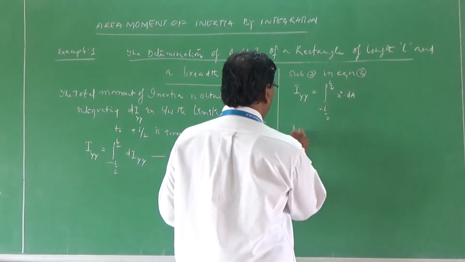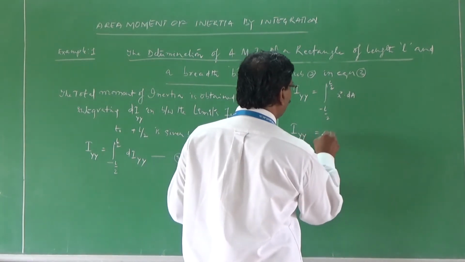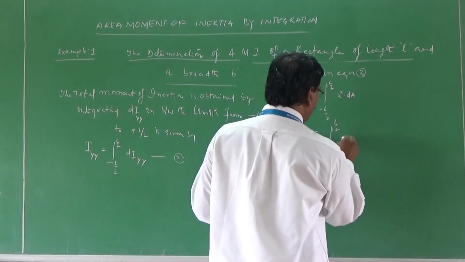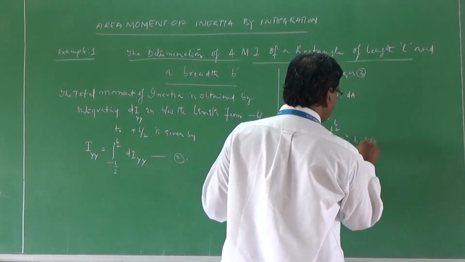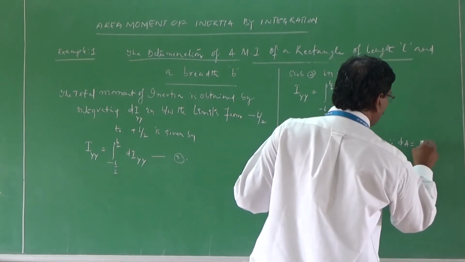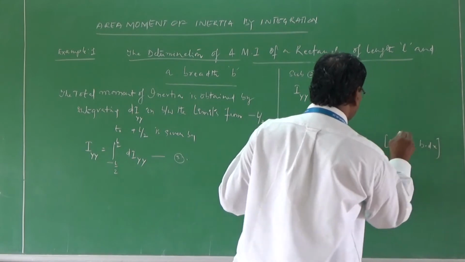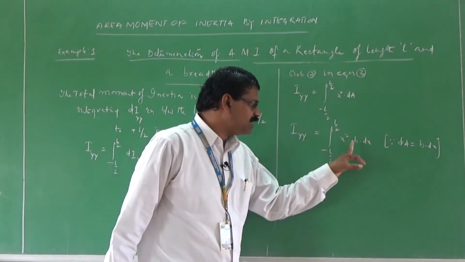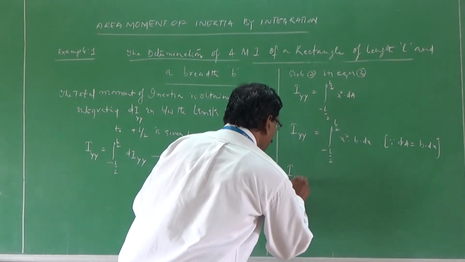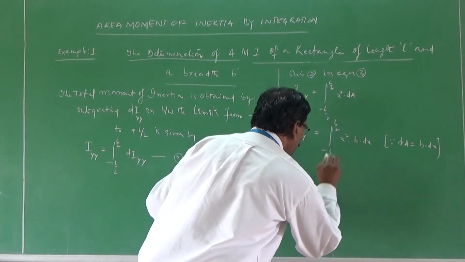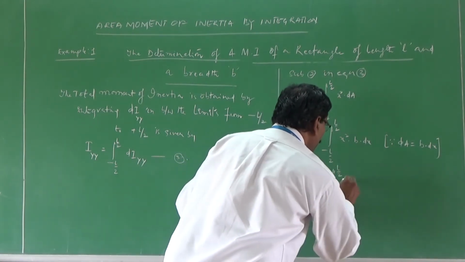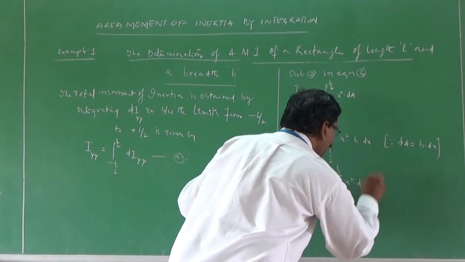I will get I_y is equal to integral minus L by 2 to plus L by 2 x square into b dx, since dA is equal to b dx, as we have considered in the previous. Now, in this equation, b is constant, take it out of the integral, we will get I_y is equal to b into integral minus L by 2 to plus L by 2 x square dx.